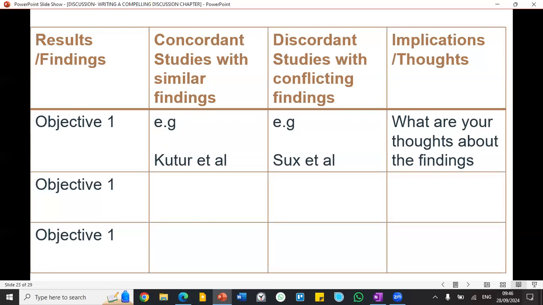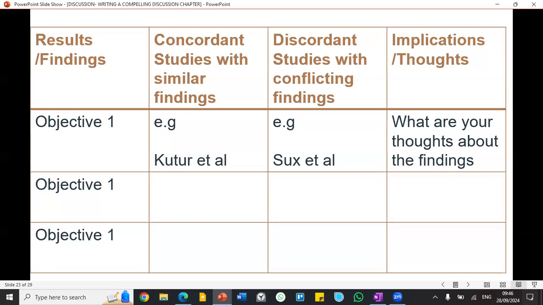But the literature says, maybe it becomes discordant here. Let me repeat again. Your findings show females have poor adherence to antihypertensive medication, but the literature says the opposite: males are the ones who have poor adherence.